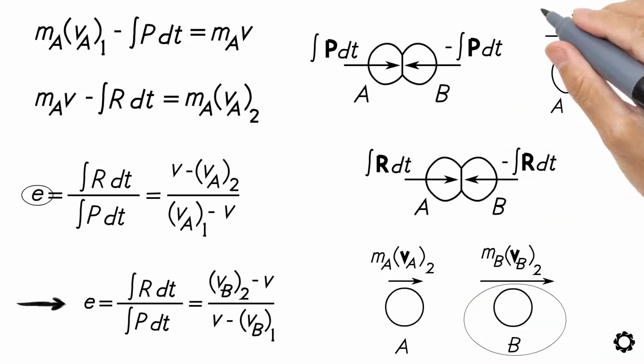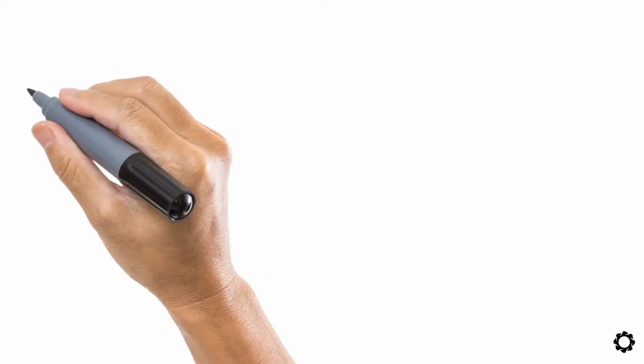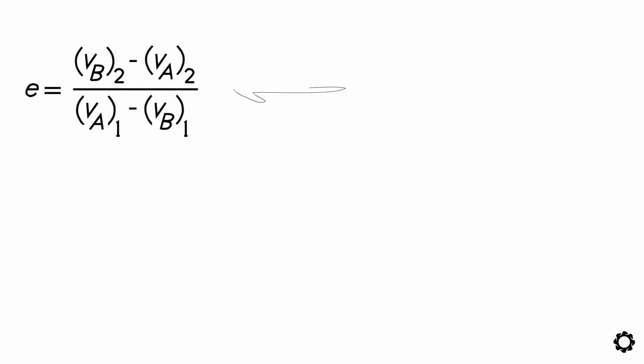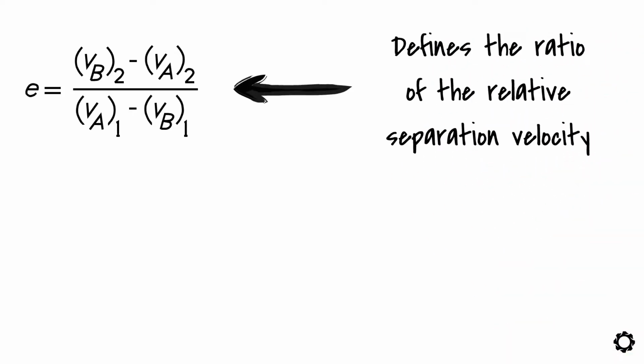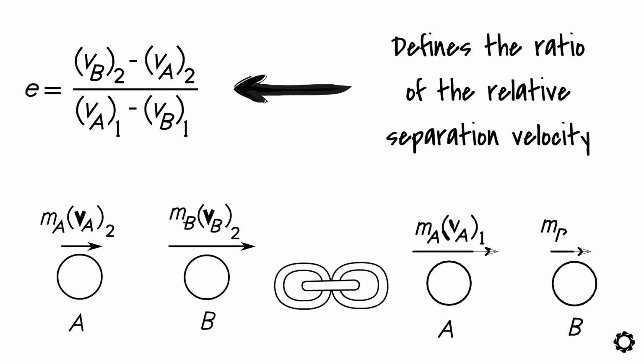If we then eliminate V from both equations, the equation for coefficient of restitution will finally become this. This equation defines the ratio of the relative separation velocity of the particles just after the impact to the relative approach velocity of the particles before the impact.